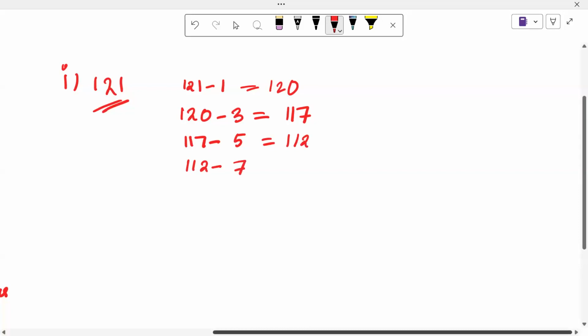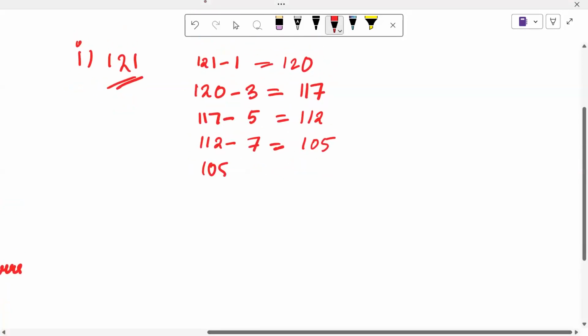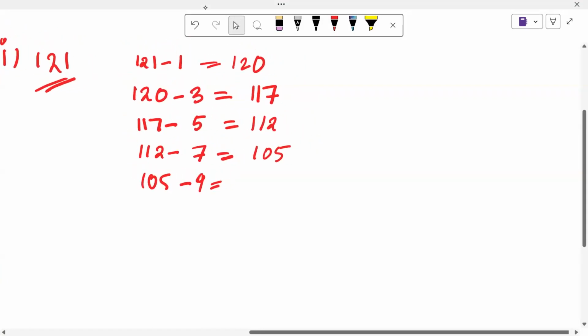What do you get? 105. Then 105 minus 9. Very good. What do you get? 96. Very good. 96 minus.